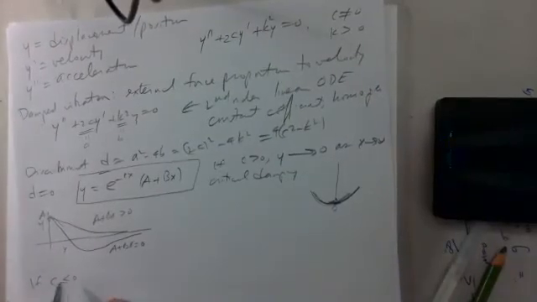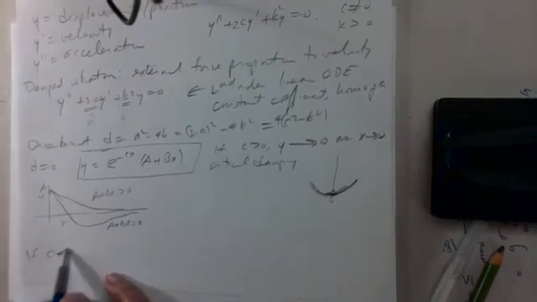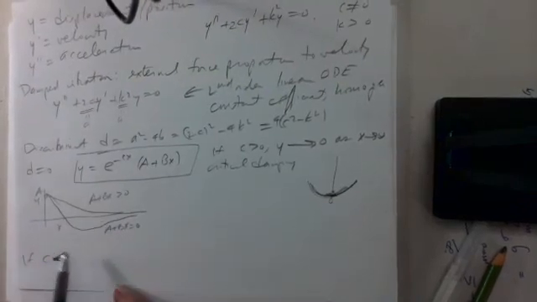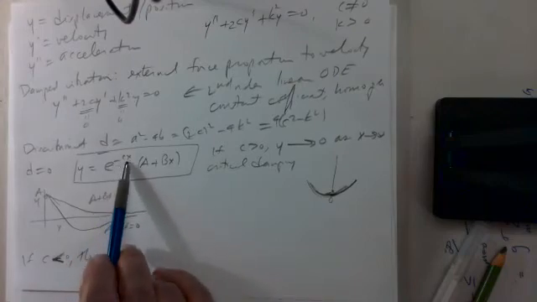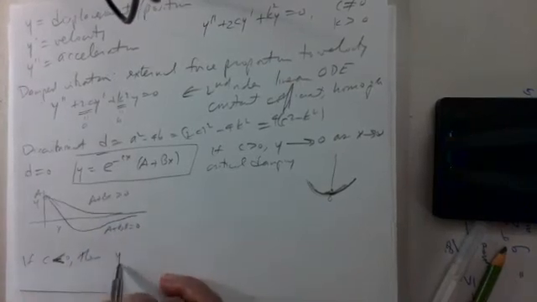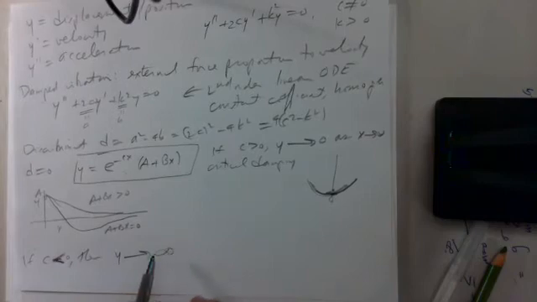If c is negative, or less than or equal to 0, in fact, sorry, c can't be 0 because we're looking at the damping case. If c is less than 0, then this is e to a positive exponent, y goes to infinity.